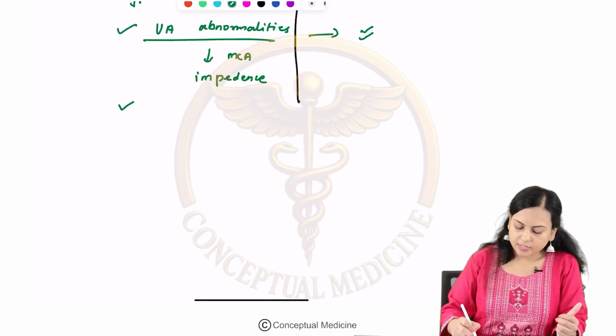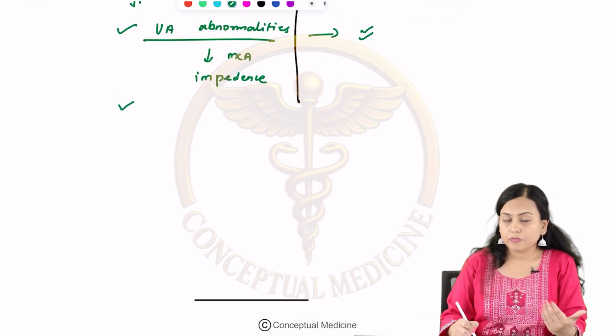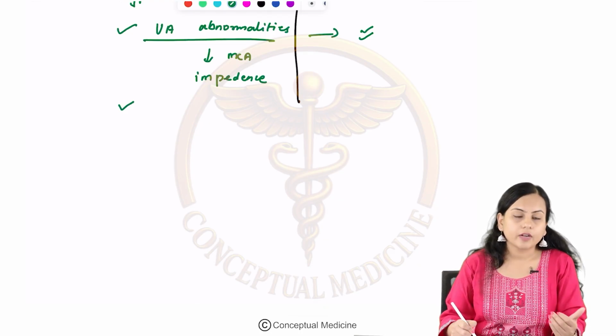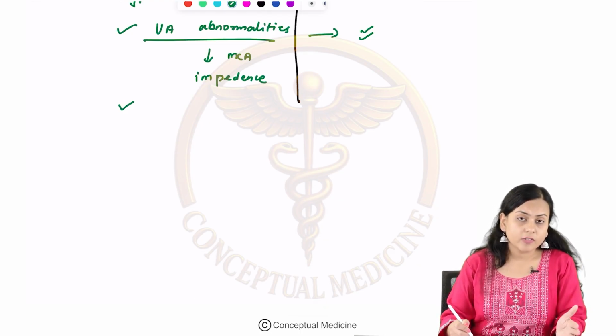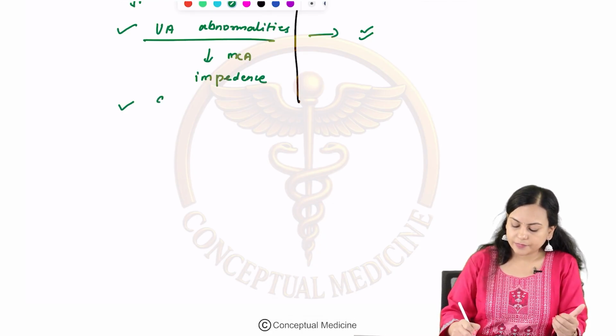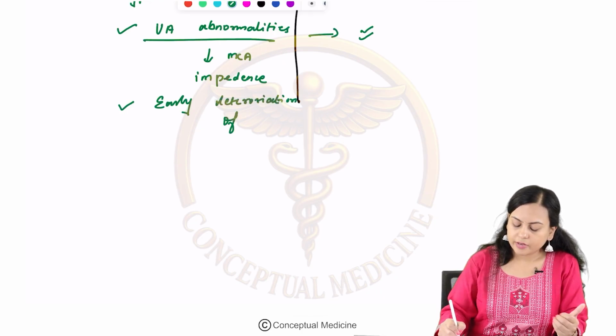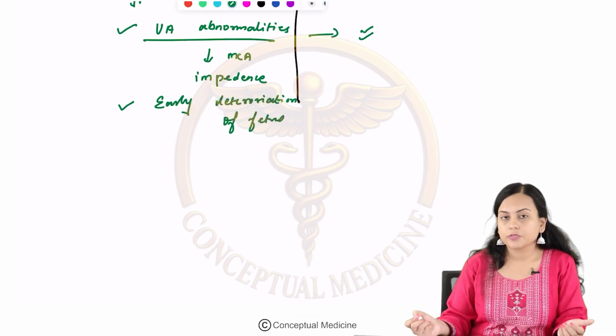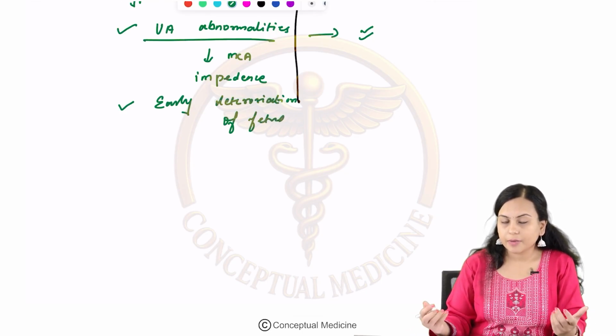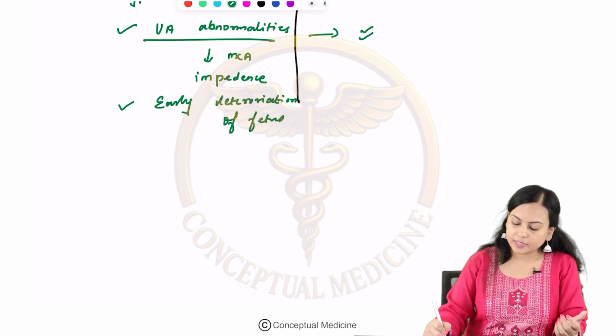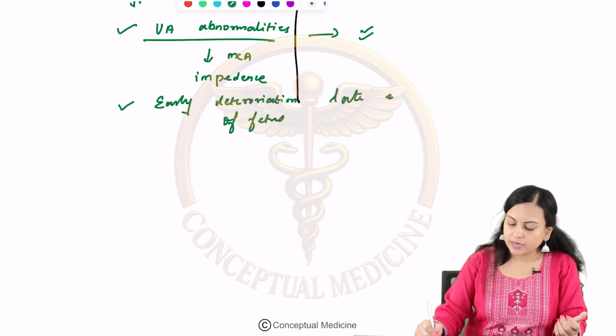So, by now you would have understood that in early onset IUGR, there is early deterioration of the fetus, whereas in late onset IUGR, what is going to happen? The baby can grow normally, but there is an increased chance of late unexplained stillbirth.